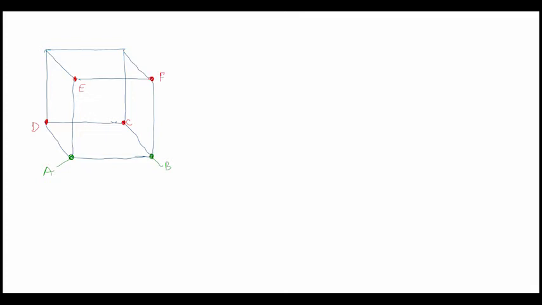And I am naming these as H and G respectively. So in the circuit the vertices E and D, F and C are equipotential, and hence we can redraw this circuit in this way.